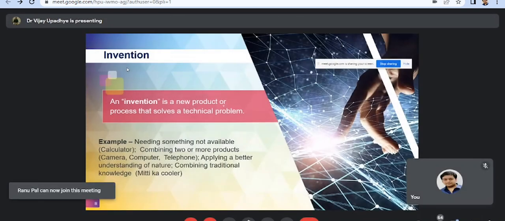The bulb, Edison invented the bulb. The bulb is an invention, but the LED light, halogen, or whatever new forms of bulbs or tubes are available that consume low electricity, these are the secondary form of the invention, useful as per commercial need, customer need, market need.